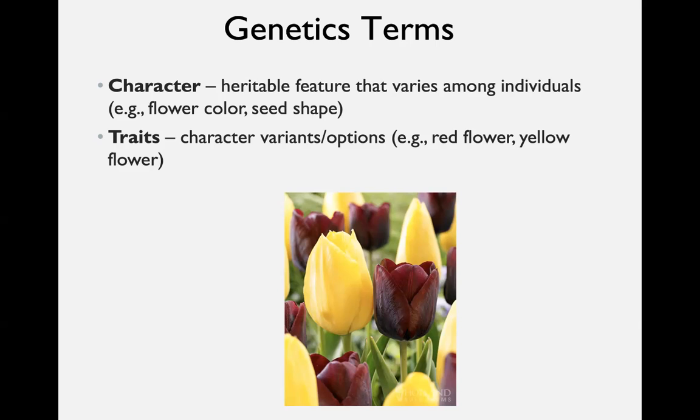Those are characters. The traits are the options for that character. So purple flowers, white flowers, wrinkled seeds, smooth seeds, etc. Character and trait are often confused, so I'll try to make sure I use those as accurately as possible. The character is the feature, the trait is the option for that feature, the variant.